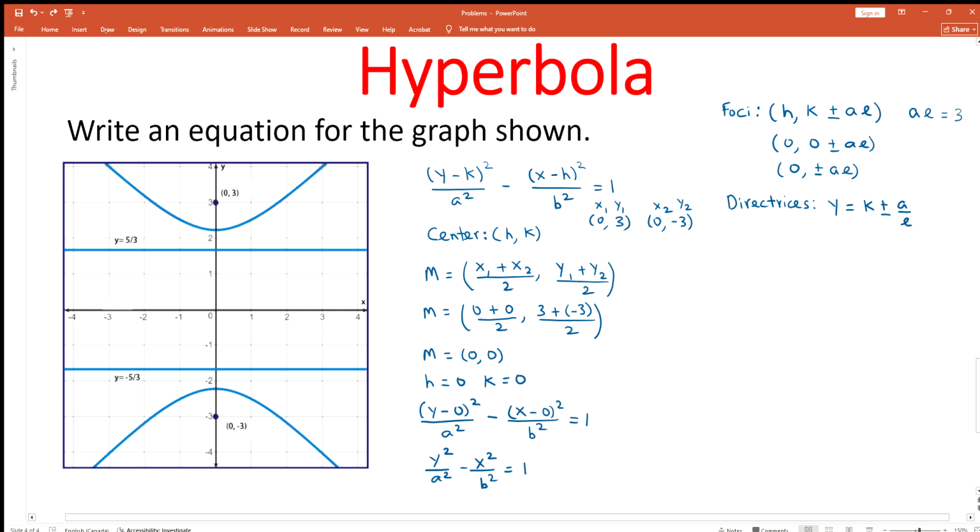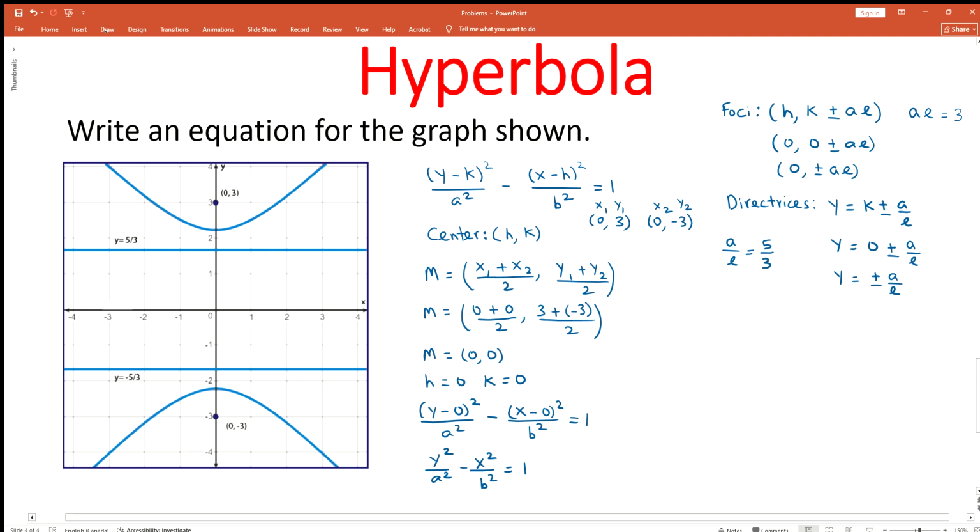Since the value of k is 0, this equation becomes 0 plus minus a over e, or just plus minus a over e. Since the given equation of the directrices is y equals 5 over 3 and y equals negative 5 over 3, that means a over e is equal to 5 over 3.